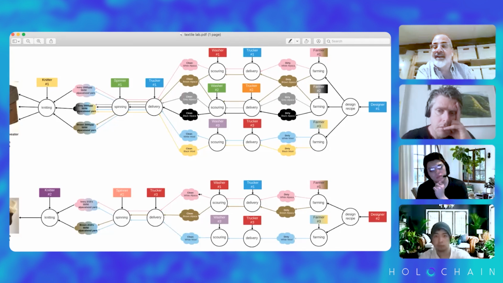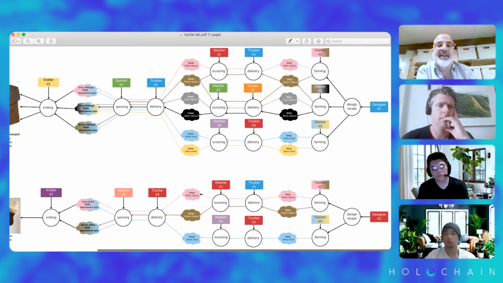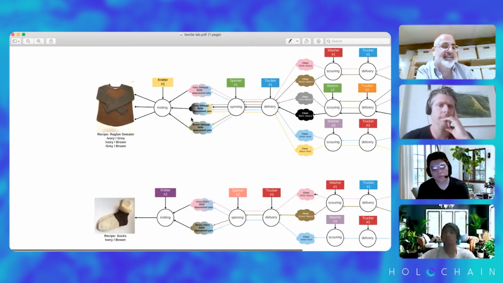So if we can facilitate designer one and designer two to work together, we've created an interdependence. Now these two designers can maybe together buy more wool. They can reach minimums that they couldn't reach before. So now these two designers can compete with the big yarn distributor that used to exist down here.